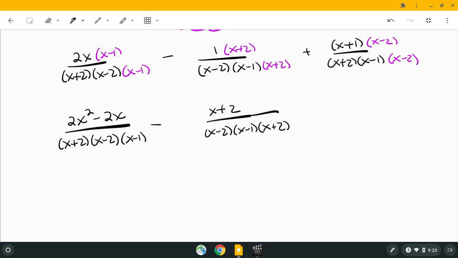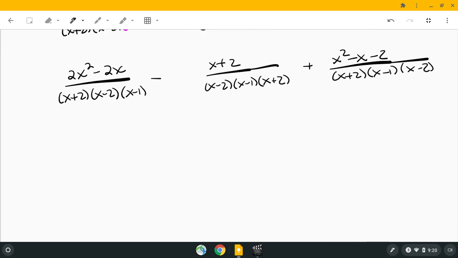Okay. All right, and then this one, multiplying that out, x times x is x squared, and then negative 2x plus 1x is negative x, and then negative 2. Okay, this is going to be our last example, so go through the work.